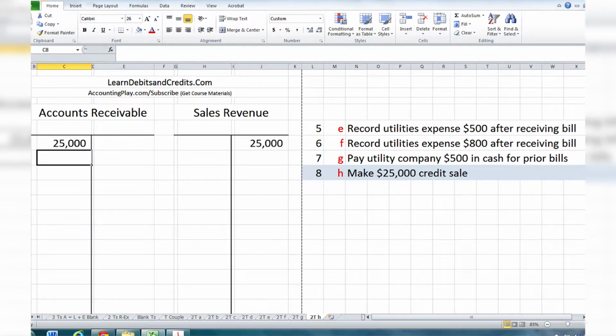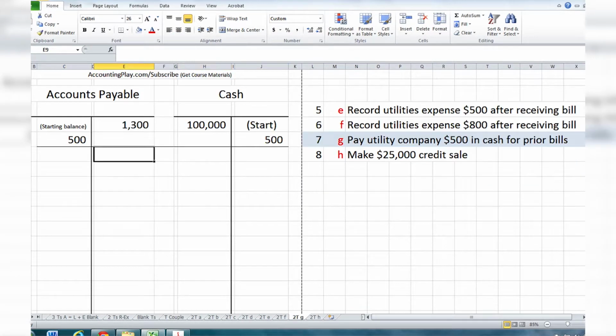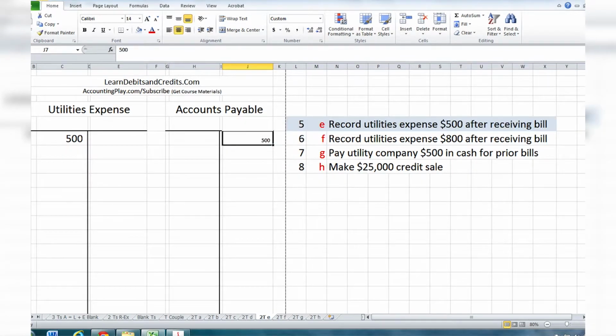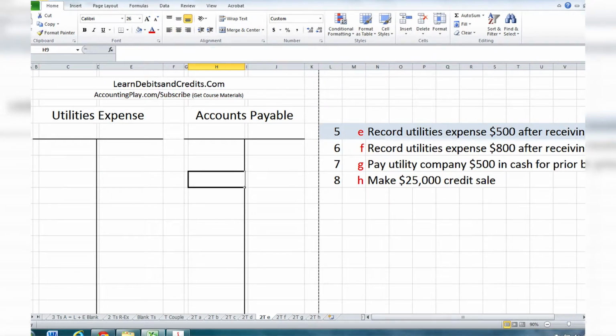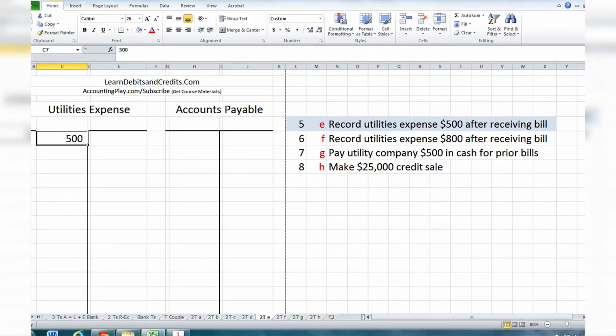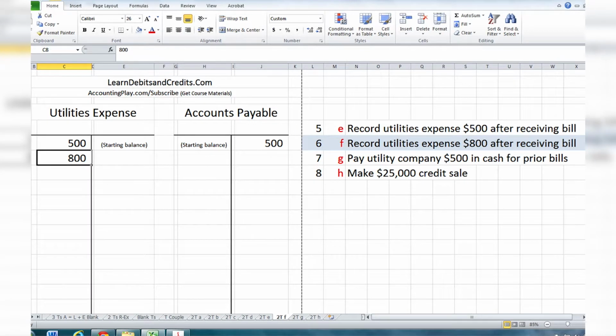So let's go ahead and reverse this and see how it all came through. Going back in the time machine. Record utilities expense for $500. Debit expense up. Credit accounts payable up. Next, record utilities expense $800. Debit expense up. Accounts payable up $800.